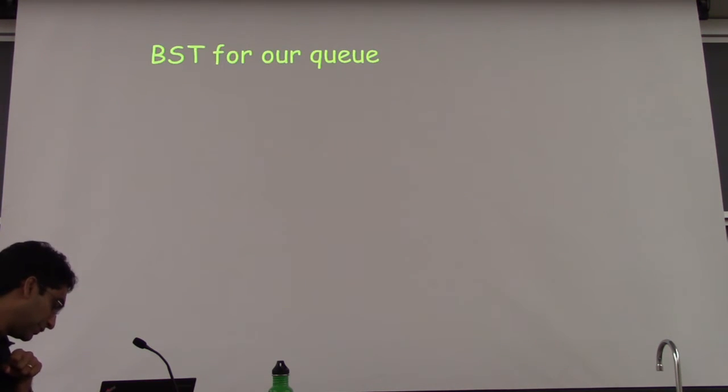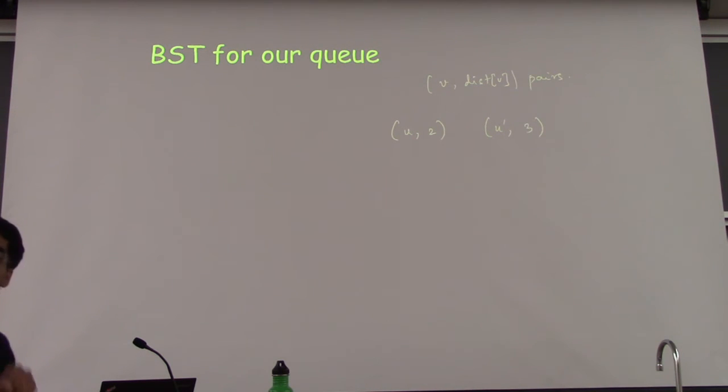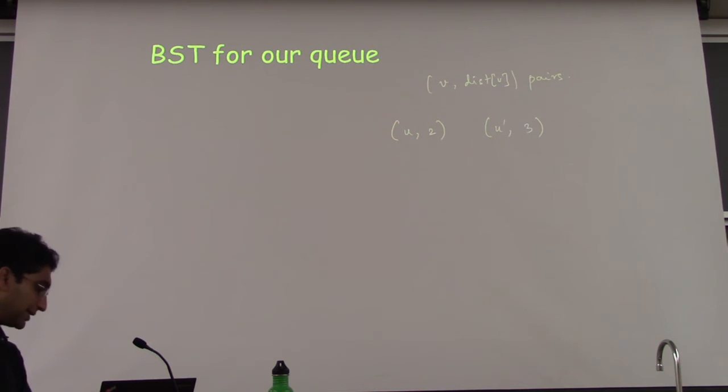So how would you try to define a comparison between two elements? Recall that these are like v comma dist of v pairs, and I give you a node u with distance 2, and node u prime with distance 3. So which of these would you say is smaller? Let's say you sort all these tuples.